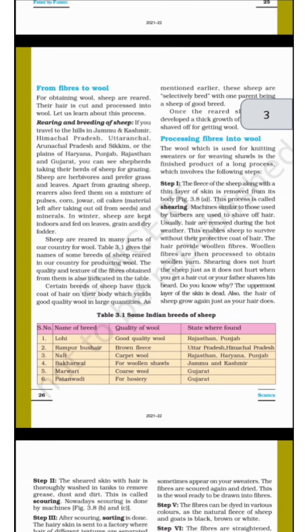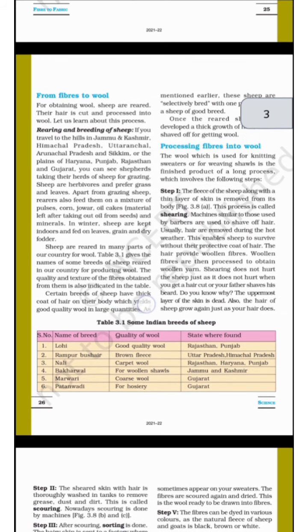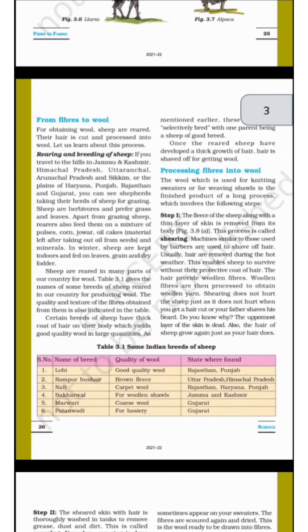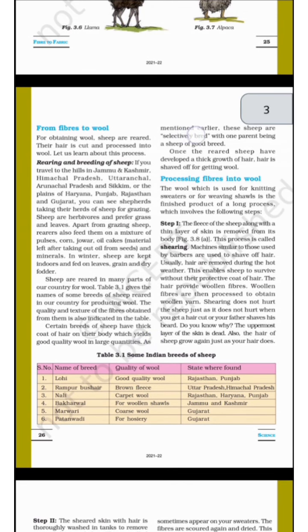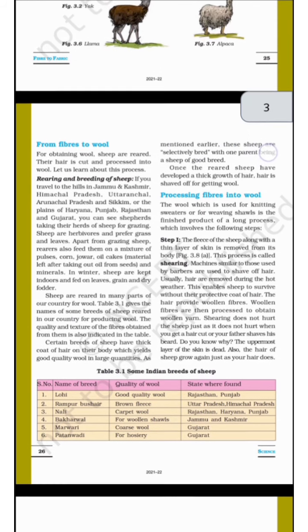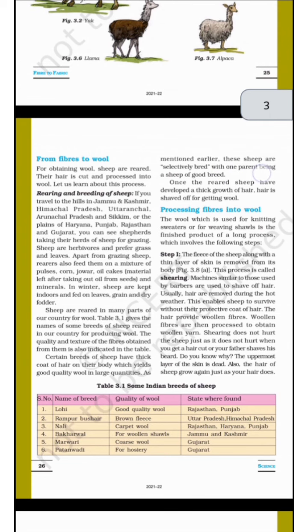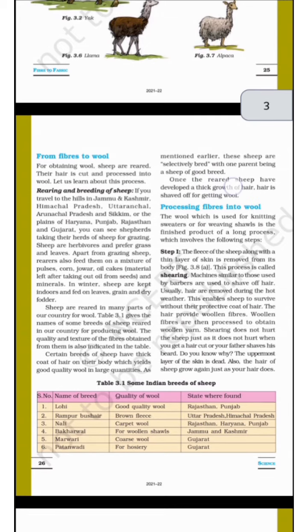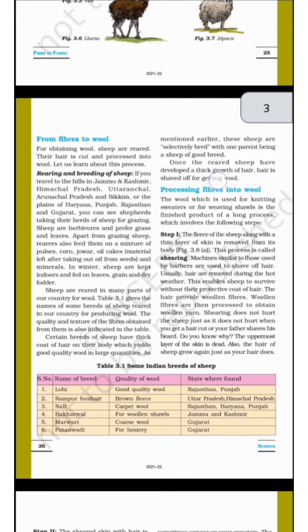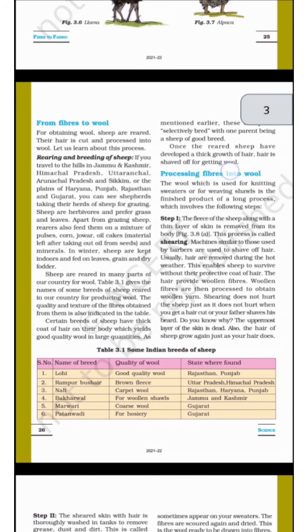Certain breeds of sheep have a thick coat of hair on their body which yields good quality wool in large quantities. As mentioned earlier, these sheep are selectively bred, with one parent being a sheep of good breed. Once the reared sheep have developed a thick growth of hair, it is shaved off for getting wool.